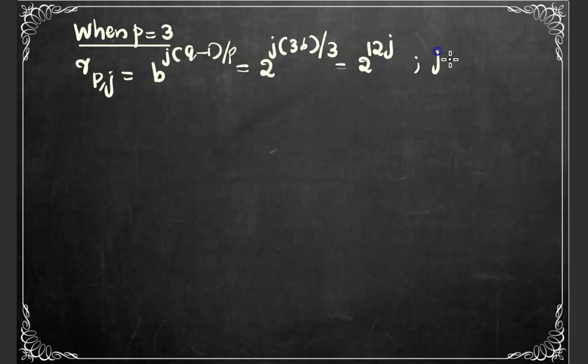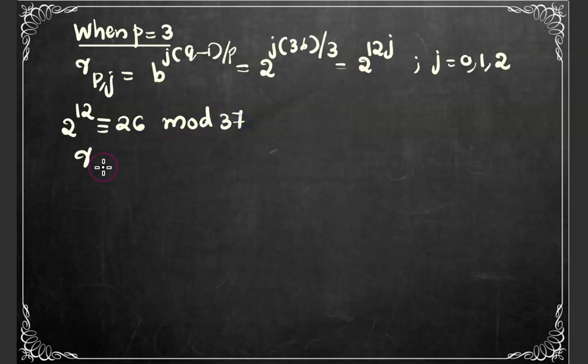Here note that j varies from 0 to p minus 1, that is, the values of j are 0, 1 and 2. For convenience, let us evaluate 2 raised to 12 first. 2 raised to 12 is congruent to 26 when reduced modulo 37.